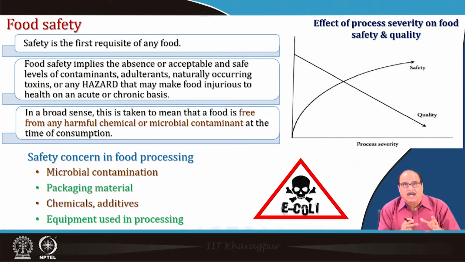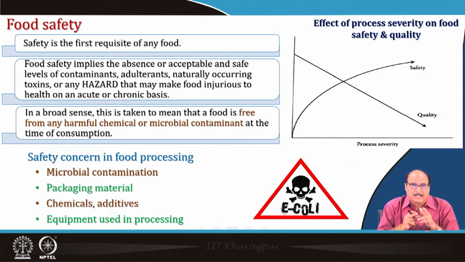So, the food at the time of its consumption should be free from any such hazards or undesirable toxin or chemical components. In a broad sense, this is taken to mean that a food is free from any harmful chemical or microbiological contaminant at the time of its consumption.